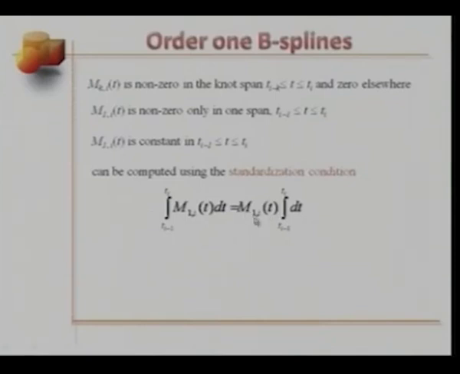So this is M1 I of t times the integration from t I minus 1 to t I of dt. This is M1 I of t times t I minus t I minus 1, and this is equal to 1. So M1 I of t is equal to 1 over t I minus t I minus 1. With this information here, the tabular construction that we had seen in the previous slide will work very well.